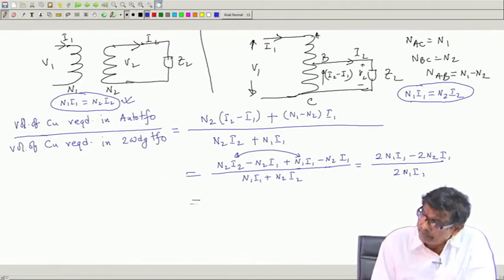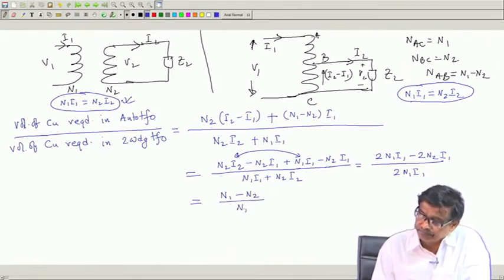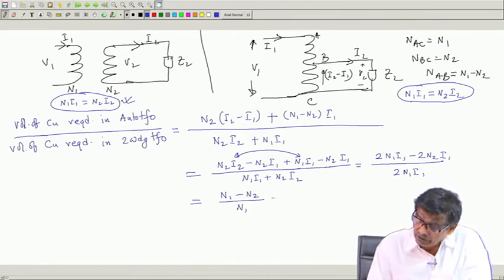And therefore, this I1 business will come out. So, it will become equal to N1 minus N2 by N1 simply, which is equal to 1 minus N2 by N1.